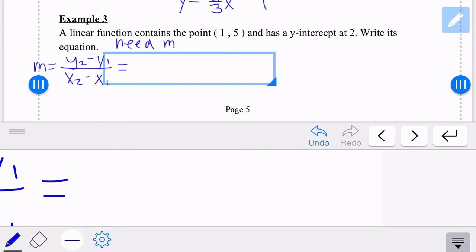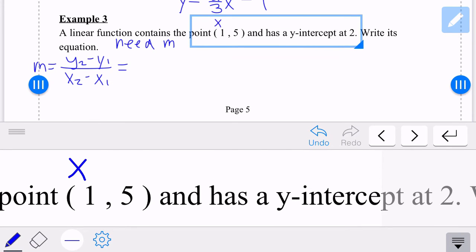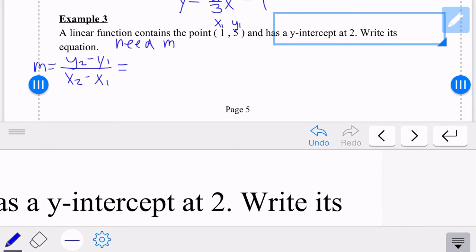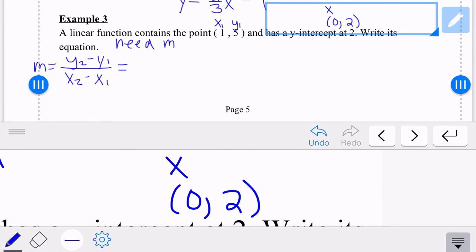Well, do we have two points here? We've got one, right? Here's x1, y1. What about a y-intercept at 2? Well, that gives us a point. Remember, our intercept would give us the point (0, 2). So that can be our x2 and our y2.